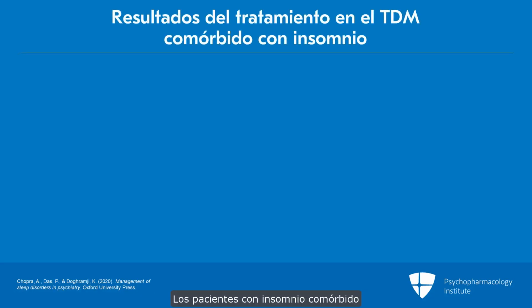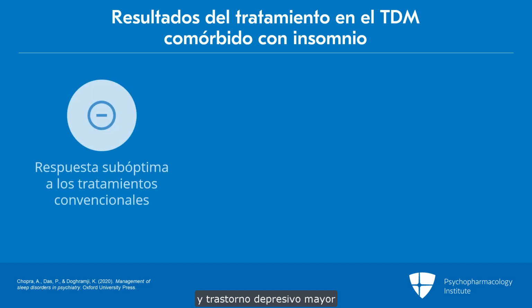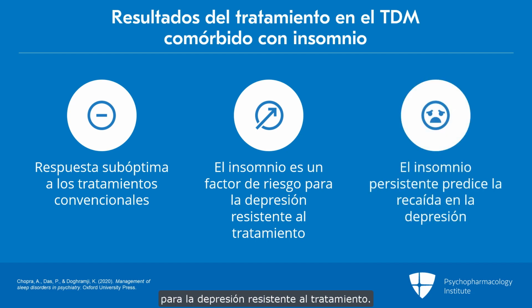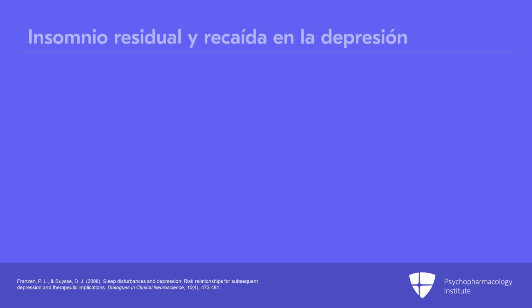Patients with comorbid insomnia and major depressive disorder usually don't respond to conventional treatments as well as compared to patients with MDD only. It has been proven by multiple lines of evidence that insomnia is a risk factor for treatment-resistant depression. In fact, persistent insomnia is the most common residual symptom in patients with major depressive disorder, and it is also considered as an important predictor of depression relapse.